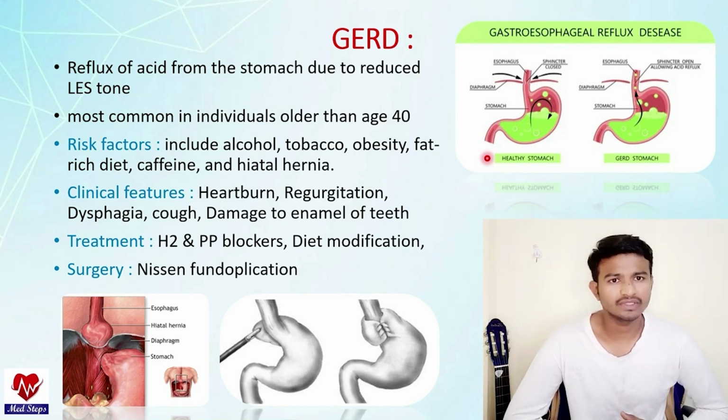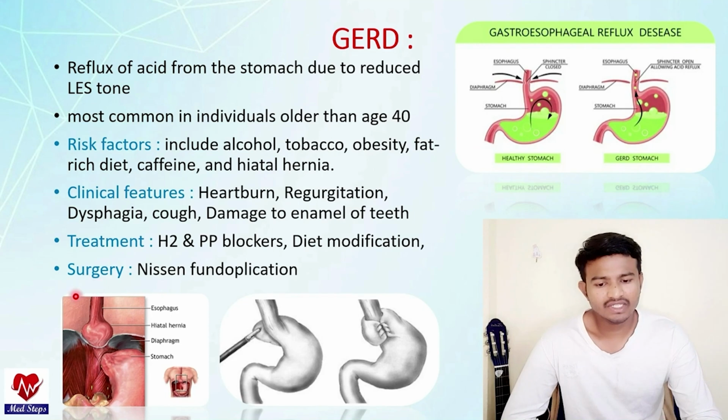Because of that reflux, the esophageal part will be thin. Anatomically, disruption of the gastroesophageal junction will happen. Then one condition will be there, which we call hiatal hernia. If you see this picture, you can observe here, this is hiatal hernia.